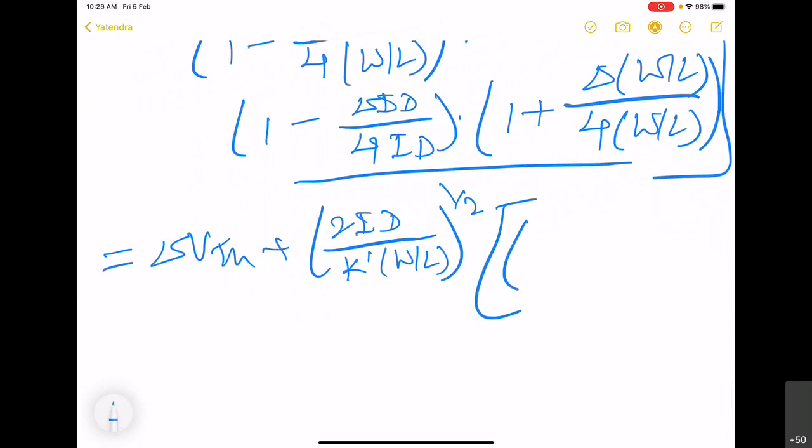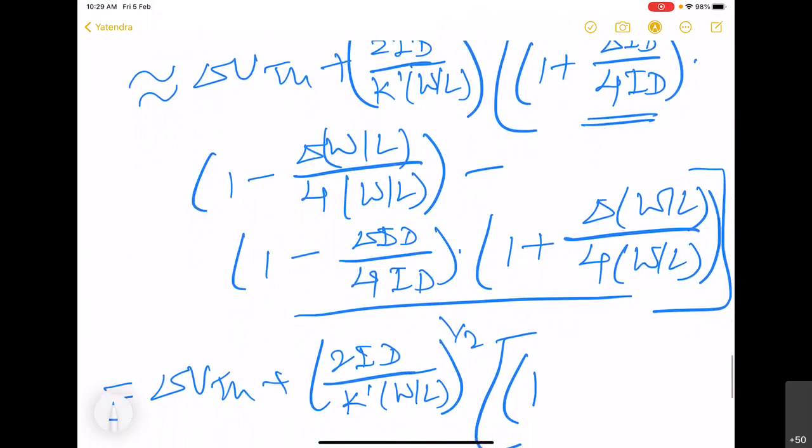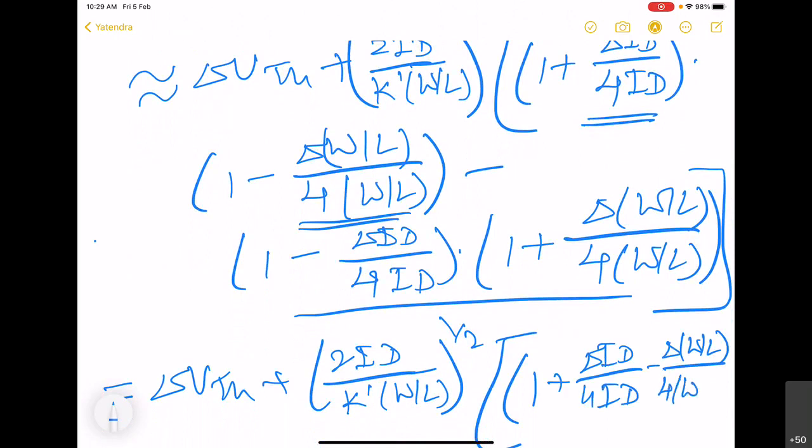First is going to be 1, second is going to be this ratio itself, plus delta ID by 4 ID, then the third term is going to be this one, minus delta W by L divided by 4 W by L, and there will be a fourth term which will be the product of this one and this one.